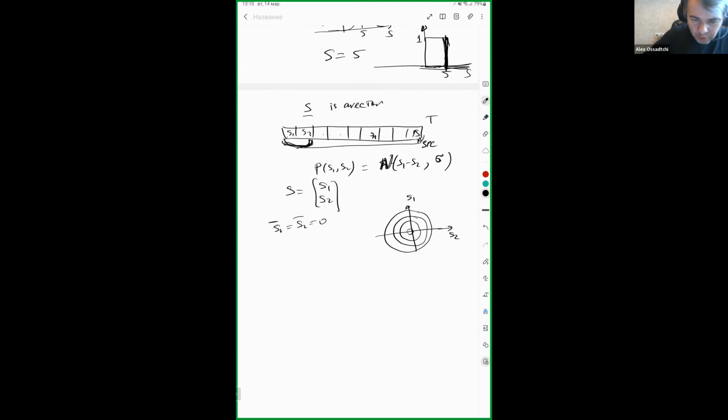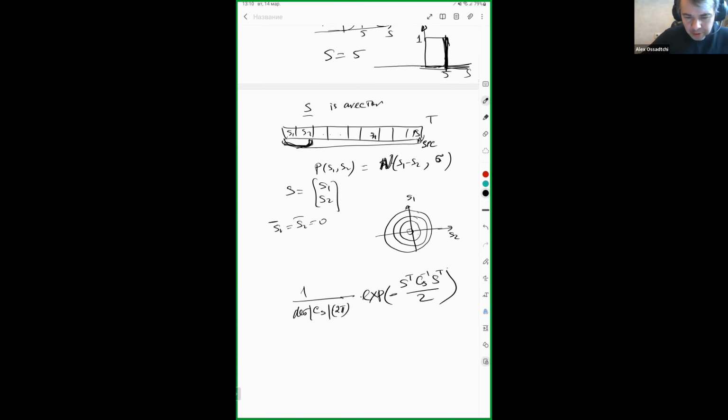Okay, the parametric form of the distribution is this: the determinant of the covariance CS multiplied by 2 pi, to the power of 1 over 2, and then the exponent of minus S transpose CS inverse S divided by 2. Okay, so this is the parametric form.